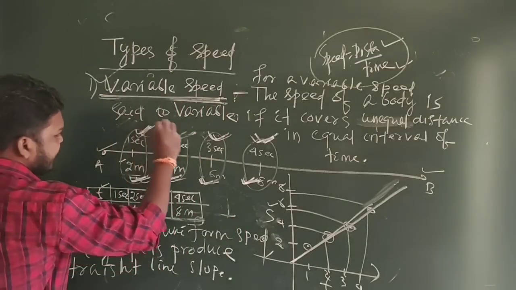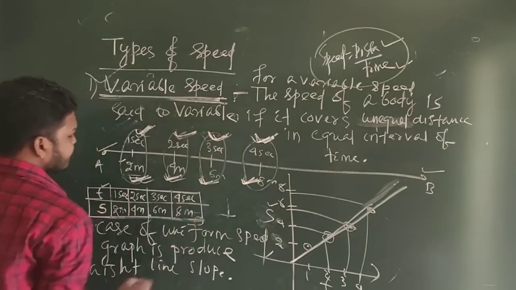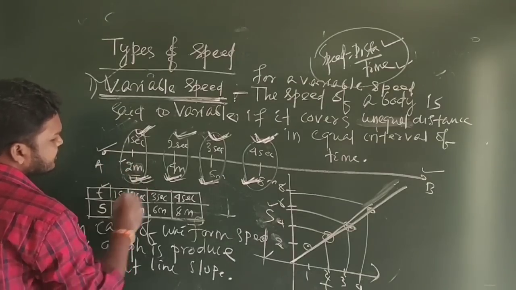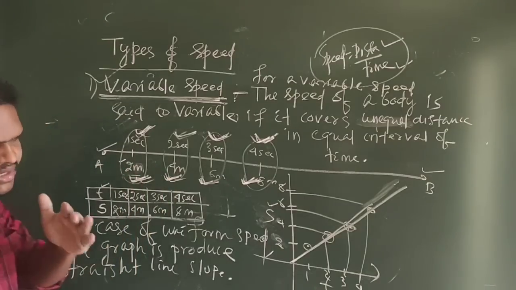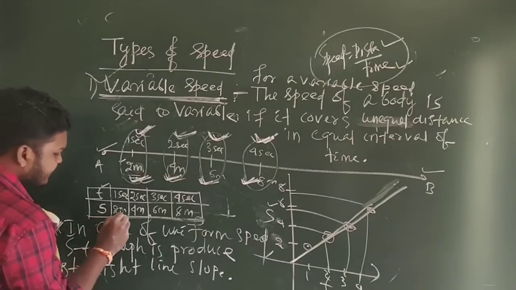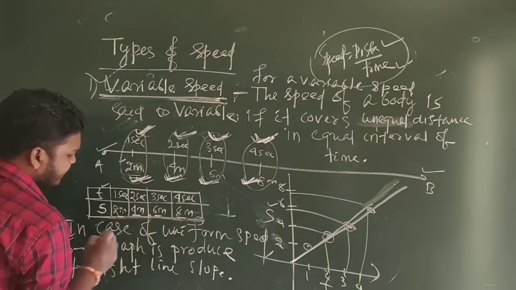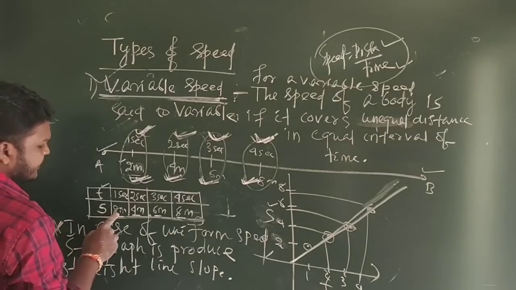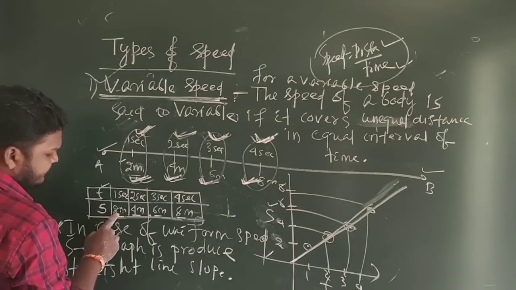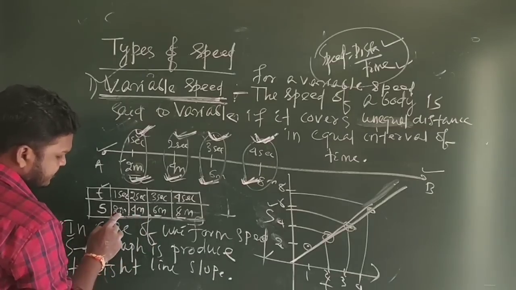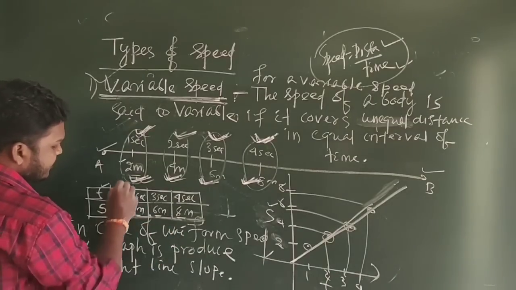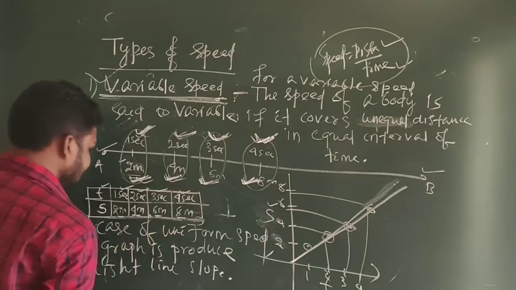That means even if time is equal, the body covers different distances. In case of uniform speed, according to this tabulation, the distance traveled by the body increases with respect to time by 2 meter each time, with equal interval of time.